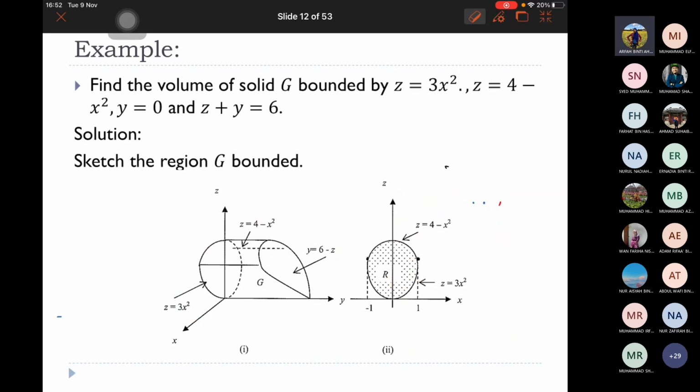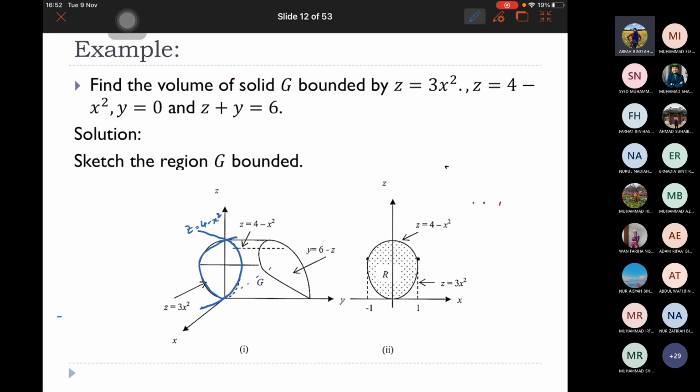So, yang ini tadi tapak dia. Bukan tapak, dia punya dekat X dan juga Z punya plane. So kita ada, ini adalah equation asal tadi, Z sama dengan 3x kuasa 2, dan yang ini pula adalah equation Z sama dengan 4 tolak x².